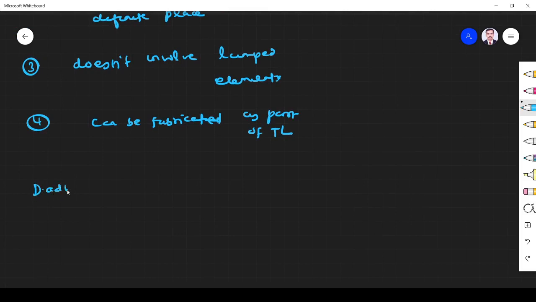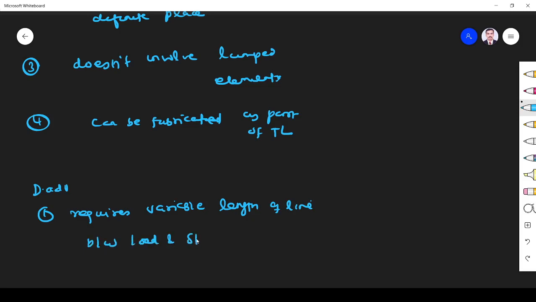But what are the disadvantages of single stub matching? It requires a variable length of line between load and stub.